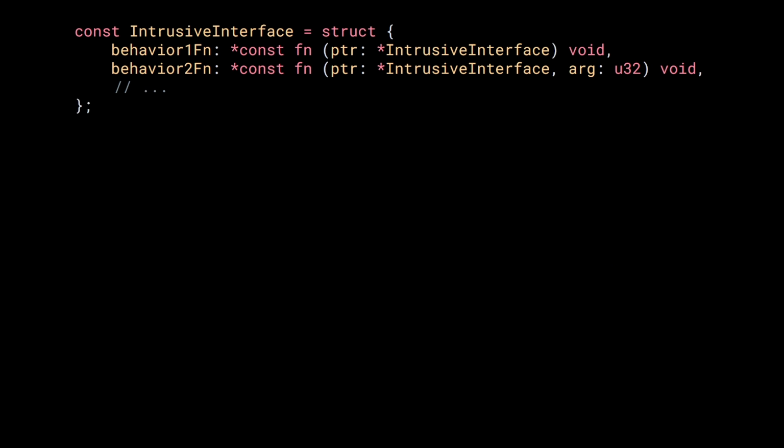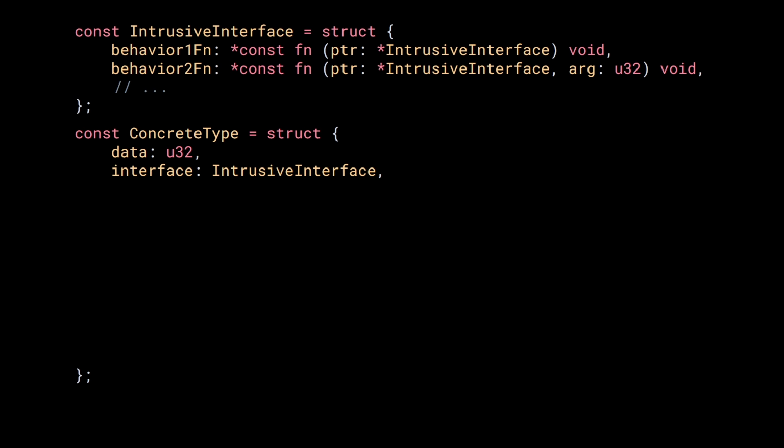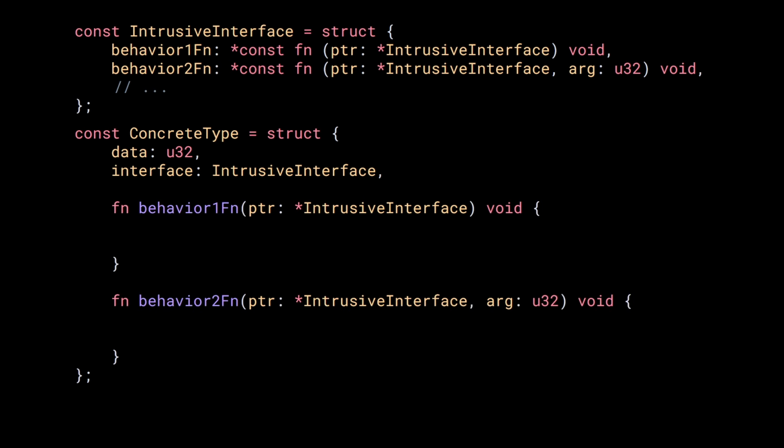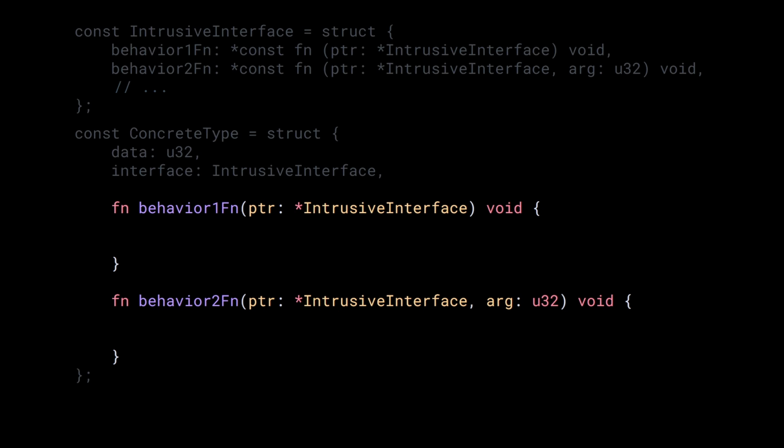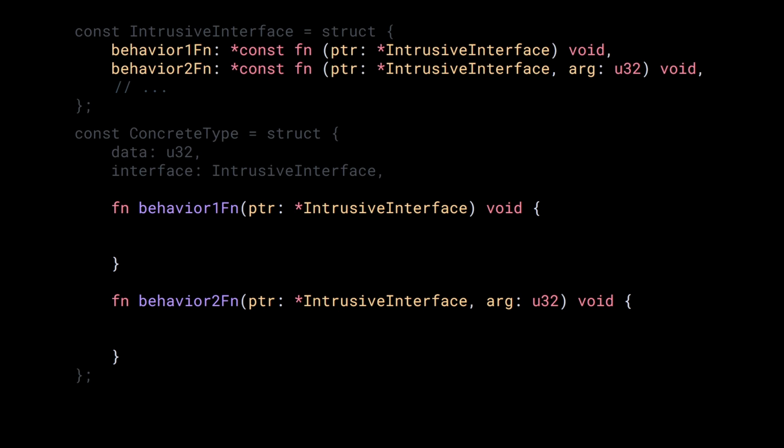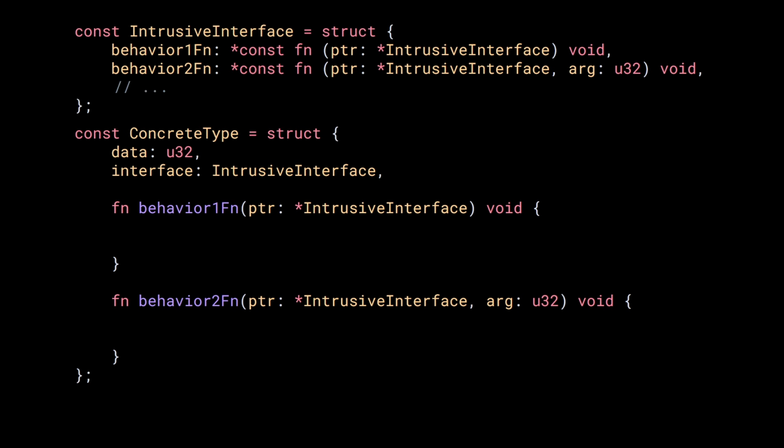Now, when you want to implement this interface in a concrete type, you first need to define a field to store the intrusive interface. And then you need to implement functions with the same signatures as the function pointers defined in the interface. Now, this is when it gets a little bit tricky.